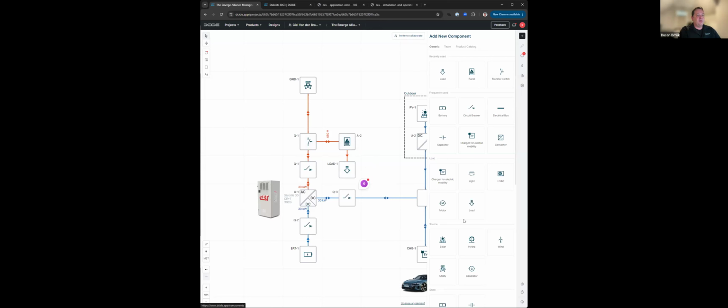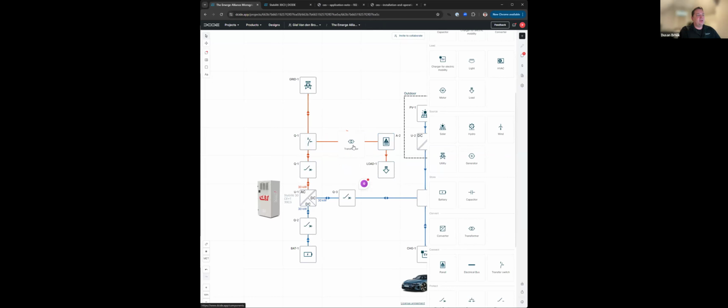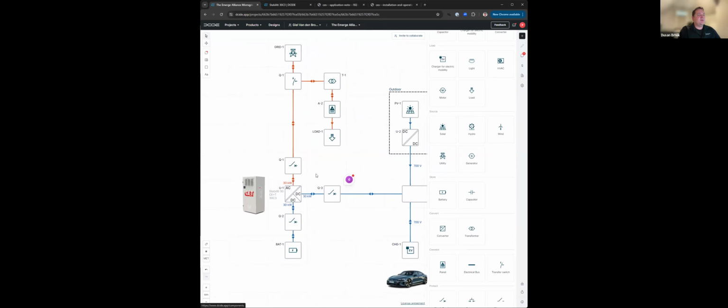But if you need to do unbalanced loads, what you would need to do is add a transformer to your design. The transformer can be a few different designs, I would say. One could be a delta Y transformer or a zigzag transformer.